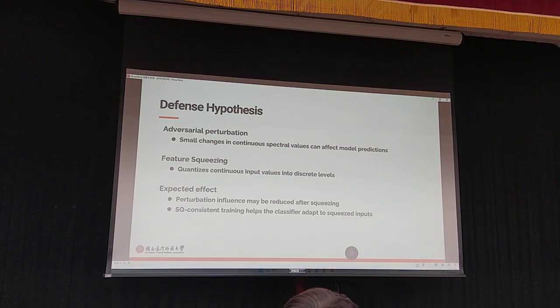Also, because SQ is applied during both training and evaluation, the classifier can adapt to the squeezed input distribution. Therefore, SQ-consistent preprocessing may improve robustness without changing the model architecture.